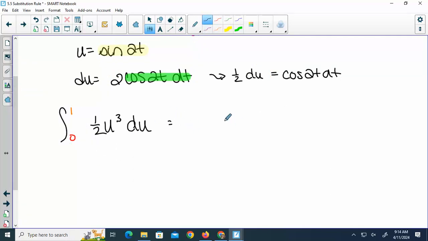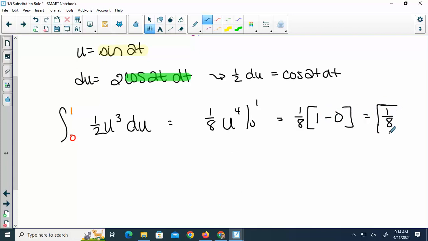So now the antiderivative: if we add 1 to the power, it would be 4. Reciprocal in front, 1/2 times 1/4 would be 1/8, evaluated from 0 to 1. 1 to the 4th is 1, 0 to the 4th is 0, and 1/8 times 1 is 1/8.